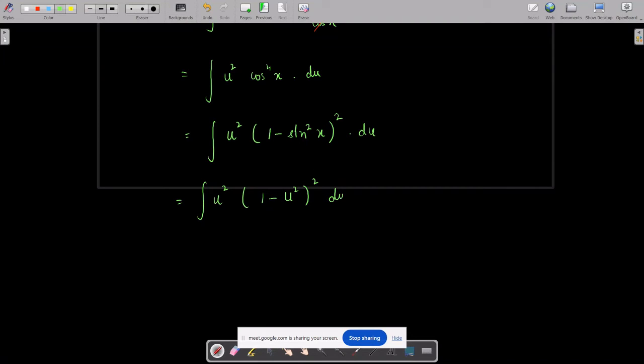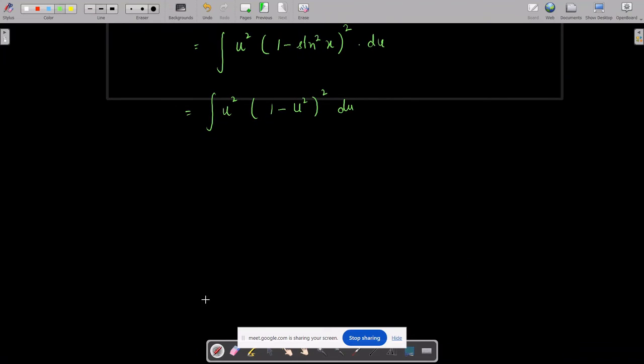Exactly. First, in the parentheses, 1 minus u squared whole squared will be 1 squared, that is 1, plus u squared whole squared minus 2 times u squared.